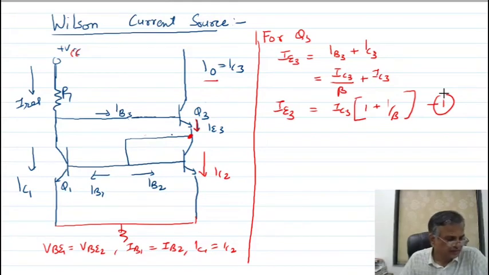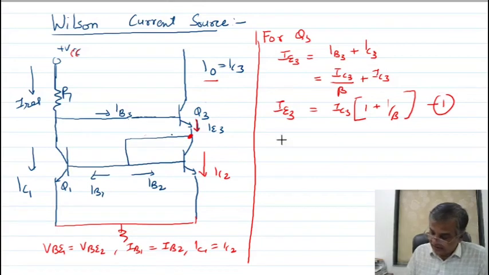Now, second, IE3 is equal to, look here, IB1, IB2 and IC2. This current is going this way, IB1 plus IB2 plus IC2.